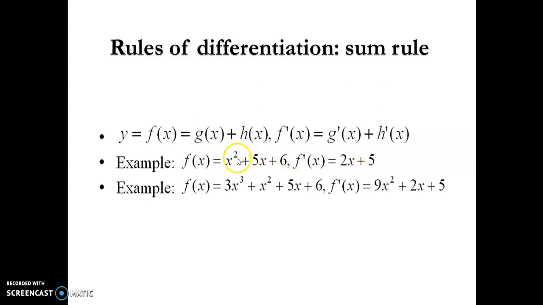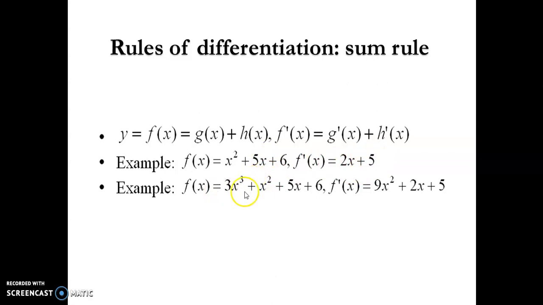And now remember, we have to say 2 minus 1. 2 minus 1 is just 1. So we don't have to write that exponent. And of course, if we differentiate 5x, the power at the top of this x here is 1. So it would be 1 times 5 is 5. Now x is raised to the power of 1 minus 1, and x to the power of 0 is just 1. So this just becomes 5.